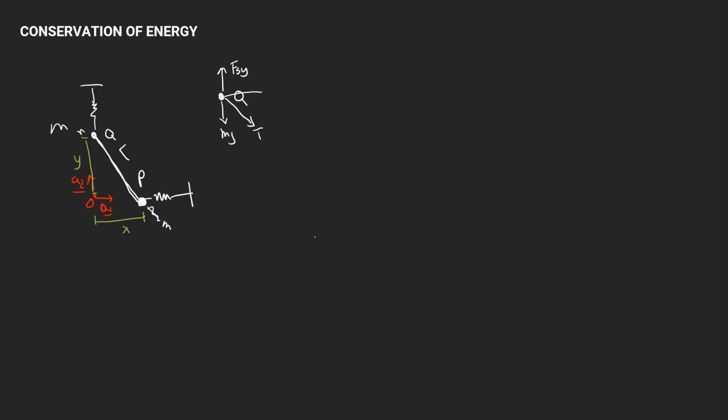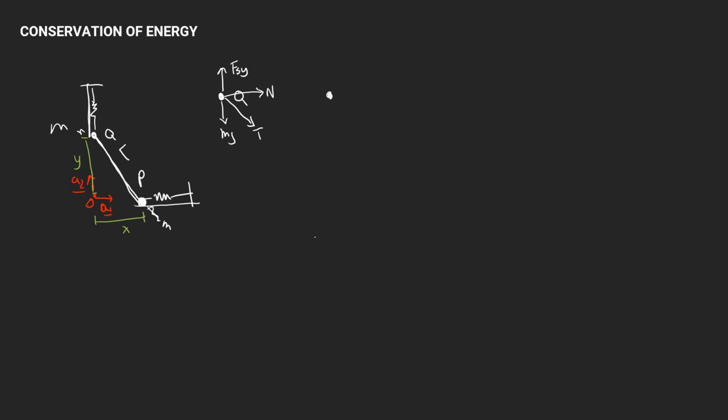And then we have a normal force acting right on point Q. Imagine there's a wall here and a wall here, and this is just to keep the particles from moving, Q just in the vertical direction, and then P just in the horizontal direction.